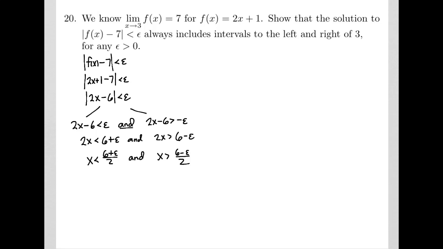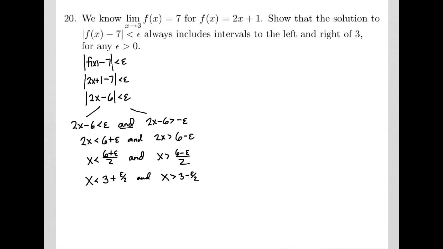If I distribute that division, I get x is less than 6 over 2 is 3, plus a half of epsilon. And similarly, x is greater than 6 divided by 2, again gives me 3, minus epsilon divided by 2.